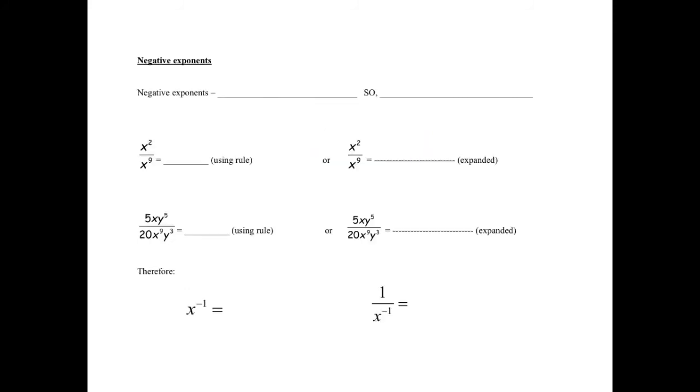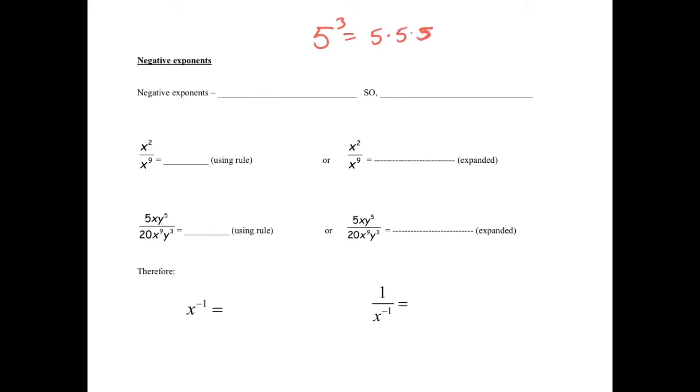So now finally we're going to look at negative exponents. That means we have an exponent that's a negative number. So let's think again about what exponents are. If I have 5 to the third, 5 to the third means I take that 5 and I write it down and multiply it 3 times.